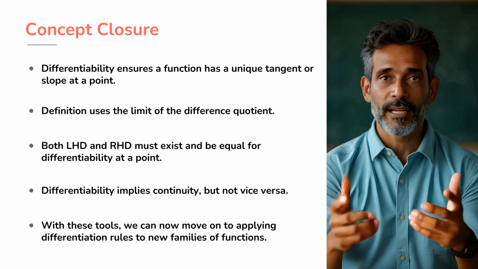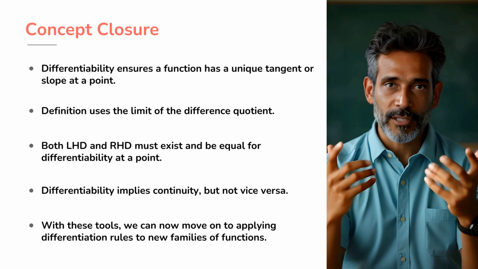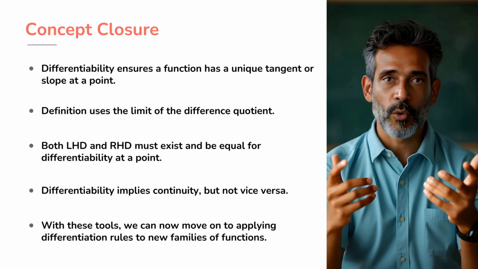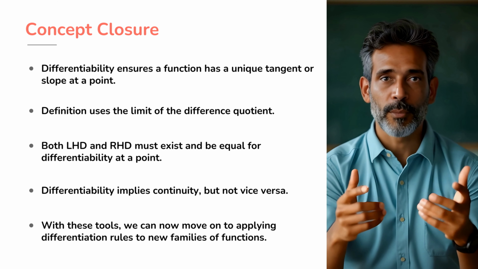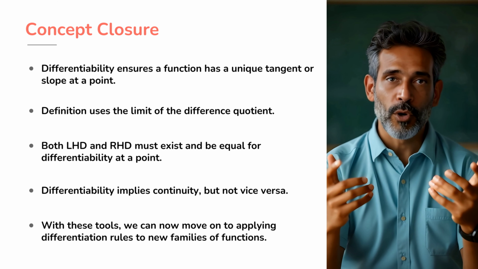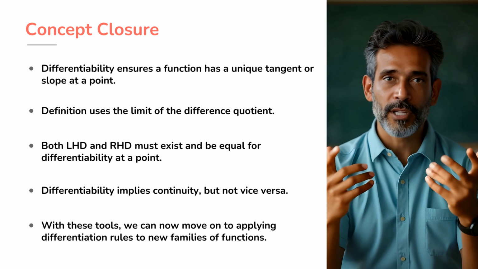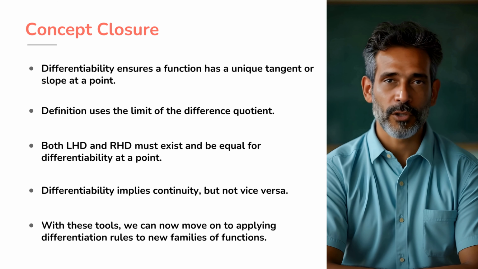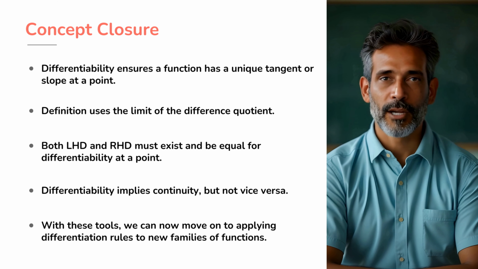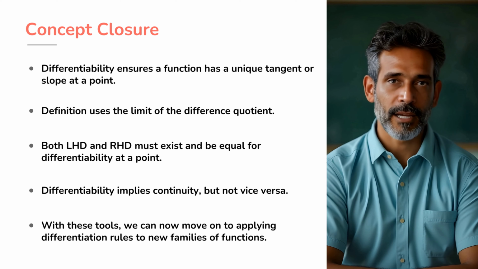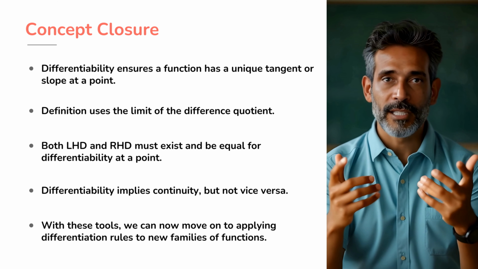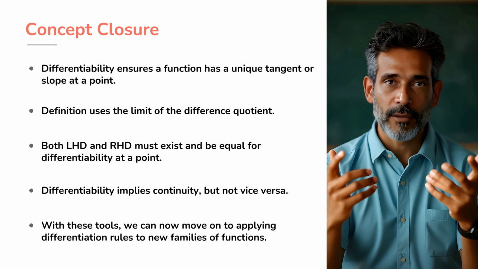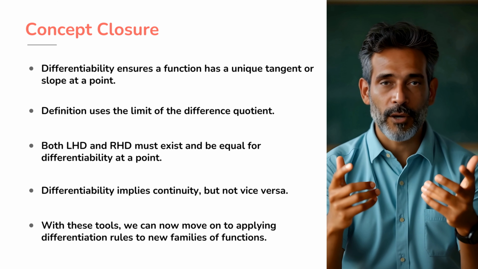We clarified that differentiability implies continuity, but continuity alone is not sufficient for differentiability, with examples like modulus x, cusps, and vertical tangents. We also extended differentiability to intervals, both open and closed. Finally, through the example of f of x equals x squared, we confirmed differentiability everywhere.